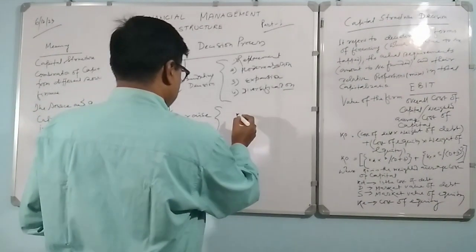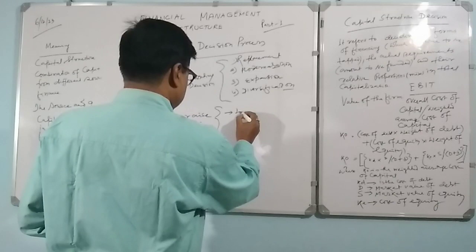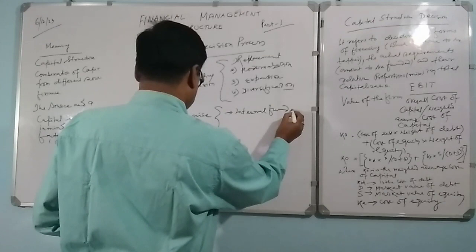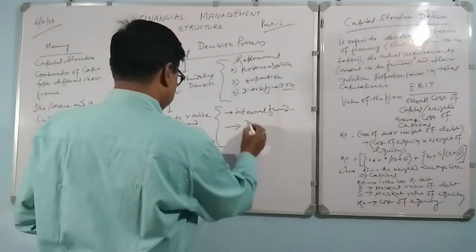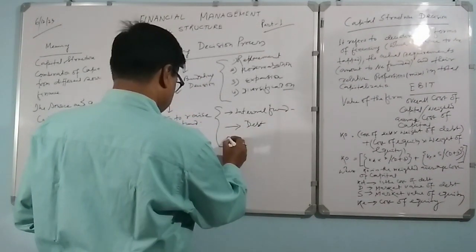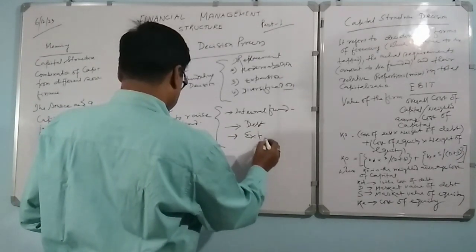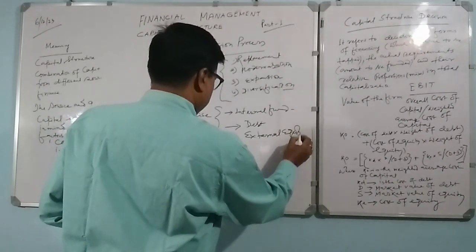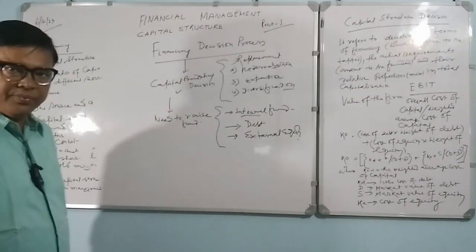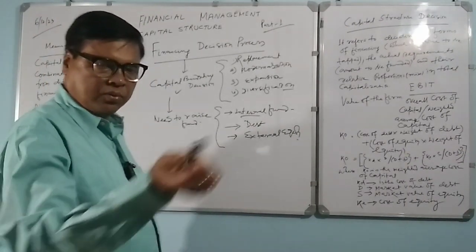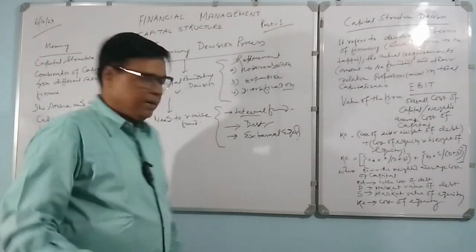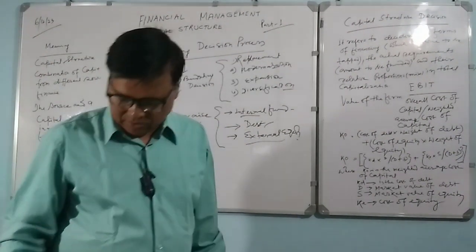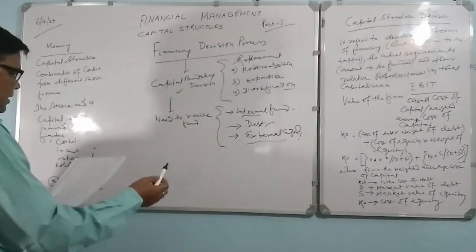You have number one, internal fund, number two, debt fund, and number three, external equity. Internal fund is nothing but your reserves, the funds accumulated over a period of time. Debt is your debt capital, and external equity is nothing but your equity shares. You are taking the capital from the market through these.